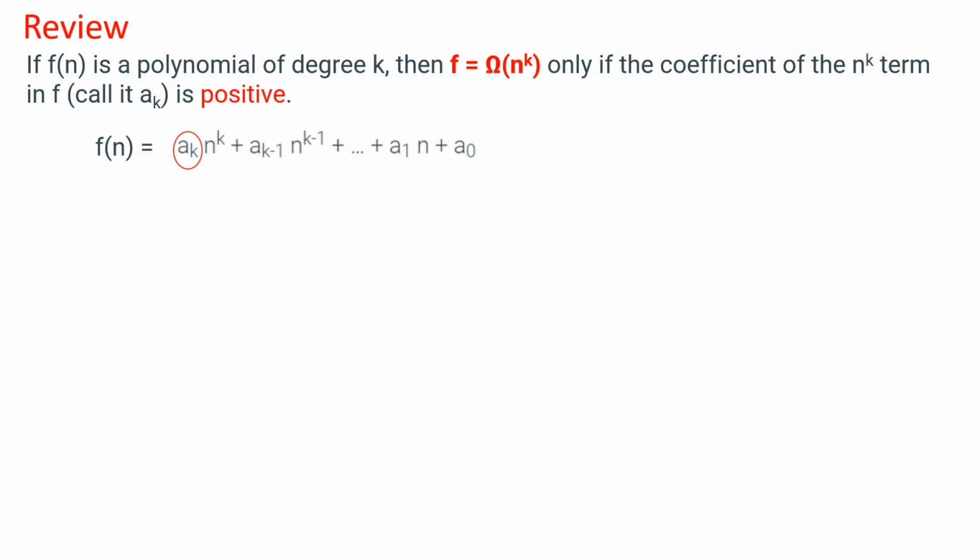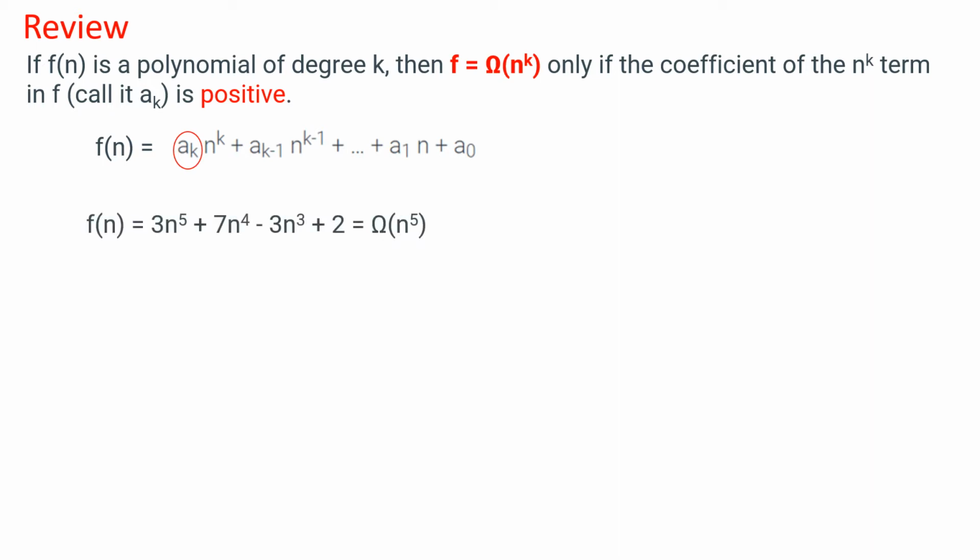So if that coefficient is positive, then we know that this is the case. This is because we're being told that. Later, we'll talk about how to go through a little proof and actually find a c and find an n naught. But for now, we're just going to take this as true and then just look at some different functions.